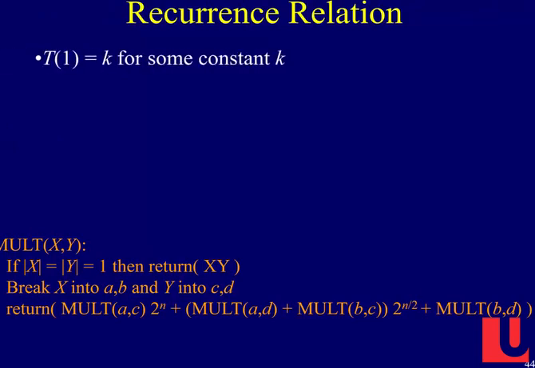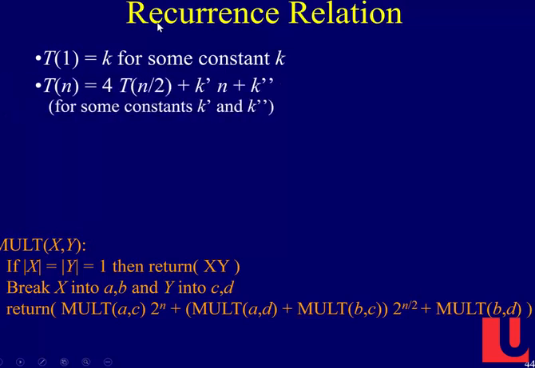This says how much time it takes to multiply two one-digit numbers together, and it's going to be some constant. Now if I have two n-digit numbers, remember I break them into n over 2 digit numbers, and I give two n over 2 digit numbers to my friend.